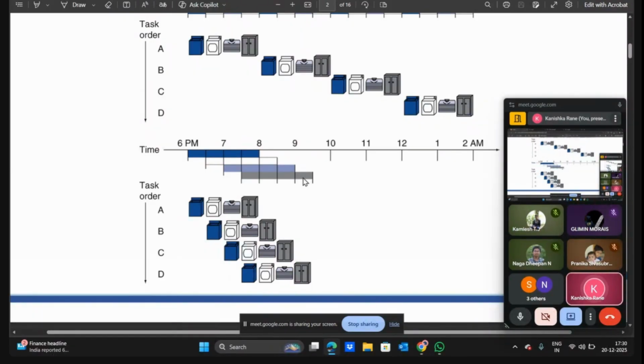But when A has moved to rinsing, the loading stage which A has used is free. So B can load when A has moved to rinsing. Similarly, we do all these processes concurrently. You should not confuse parallel working with pipelining.